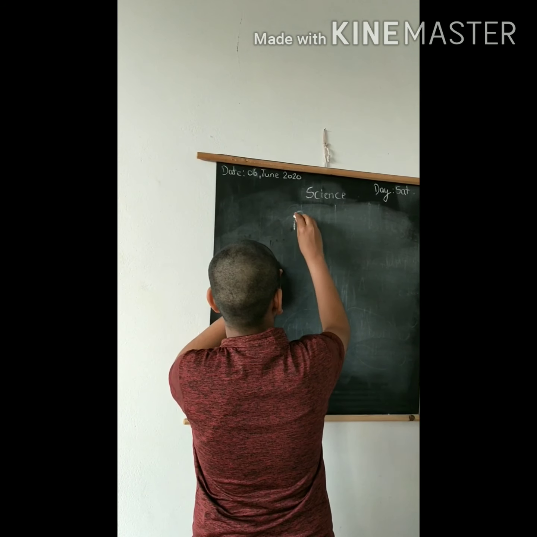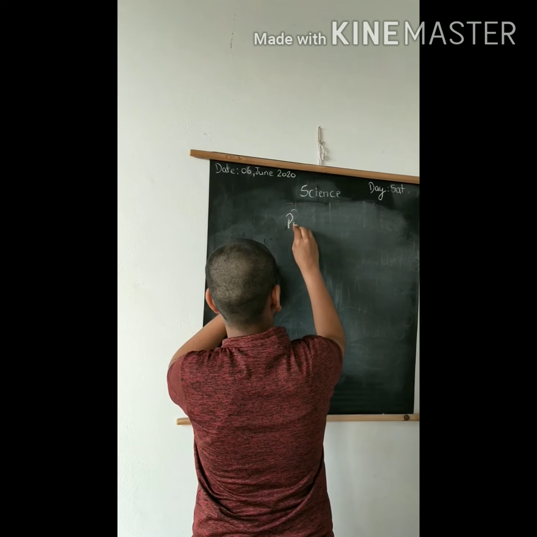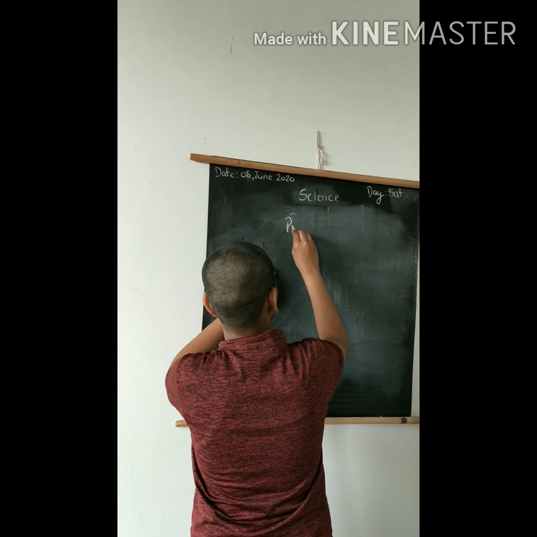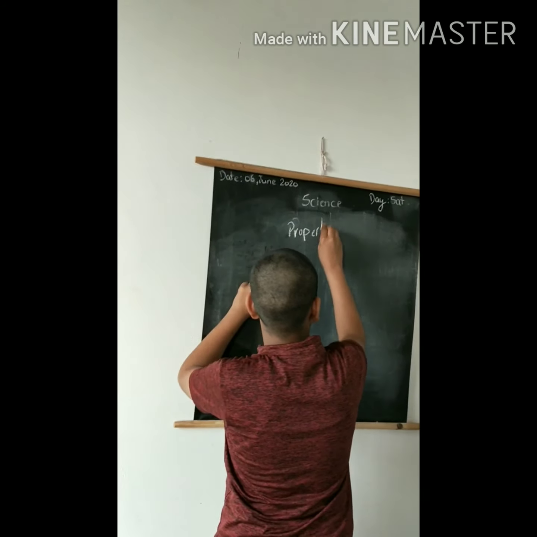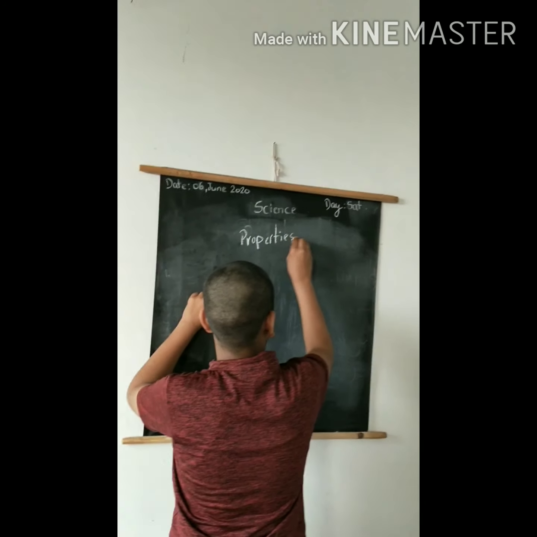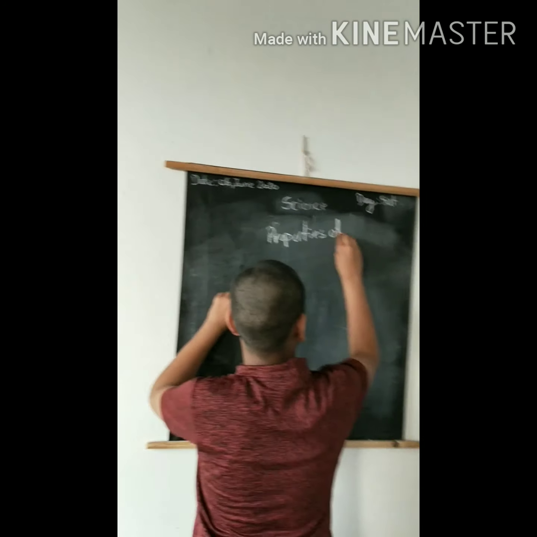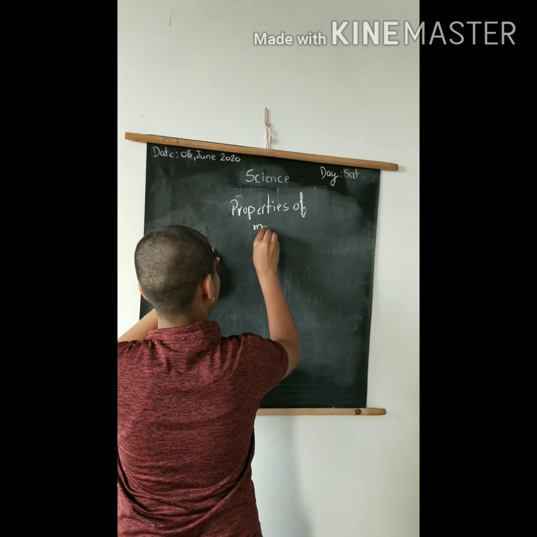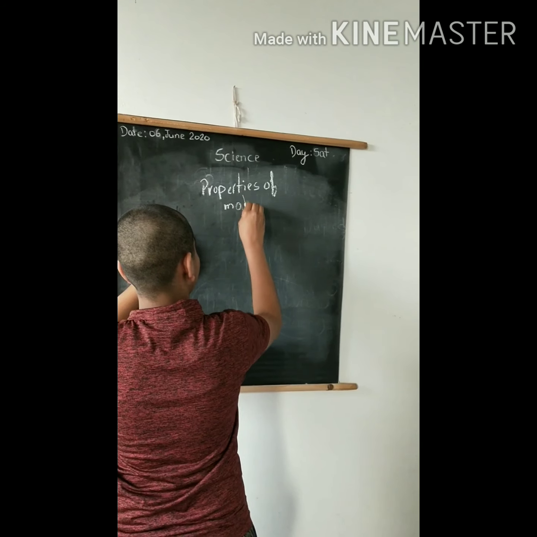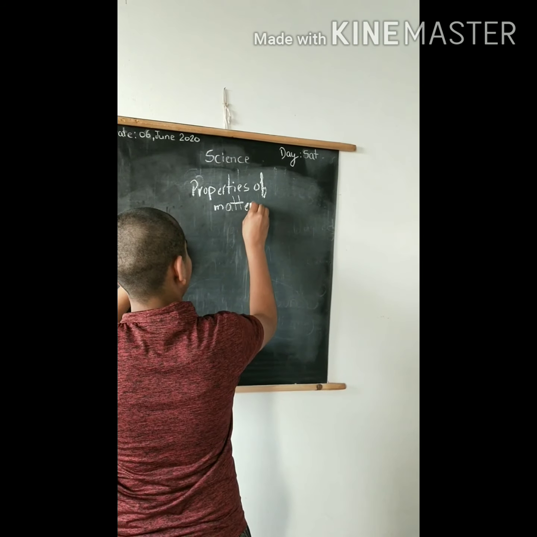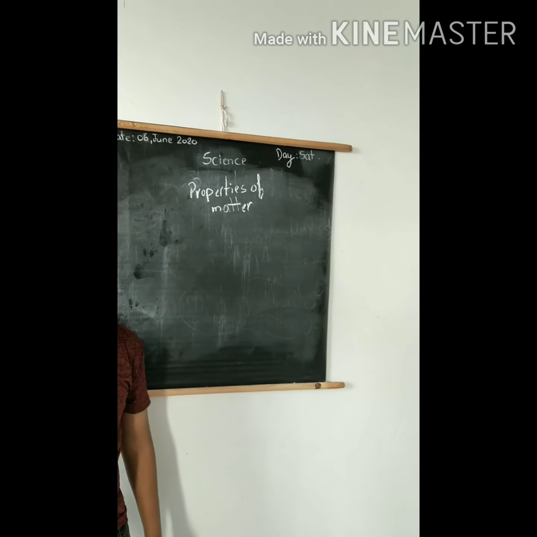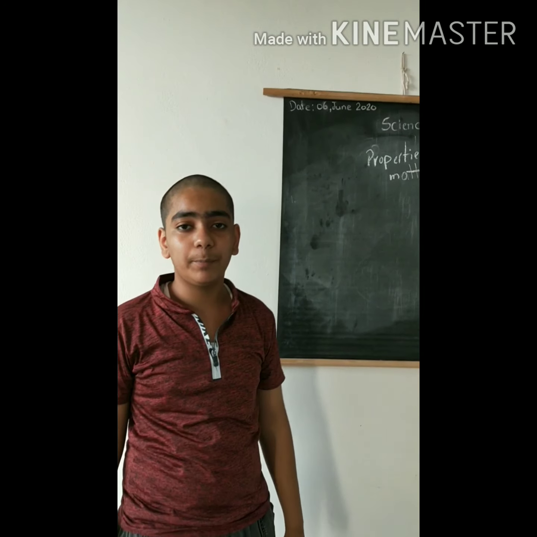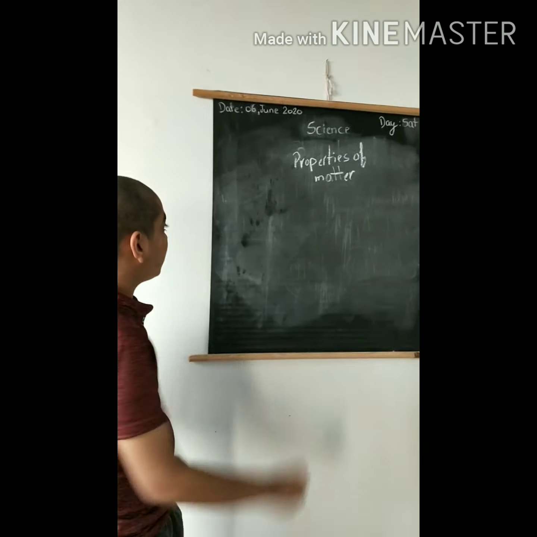So the first topic is properties of matter. Friends, there are four properties. Now I am going to first property.